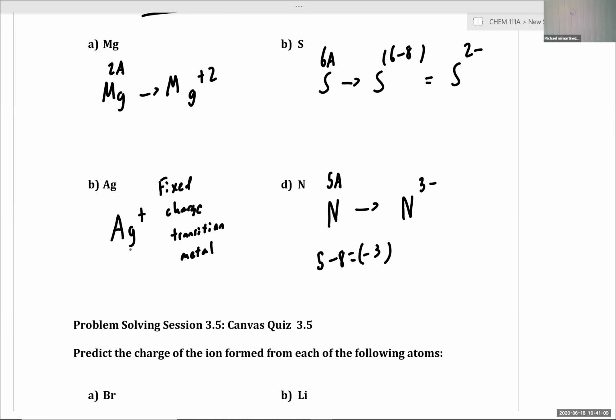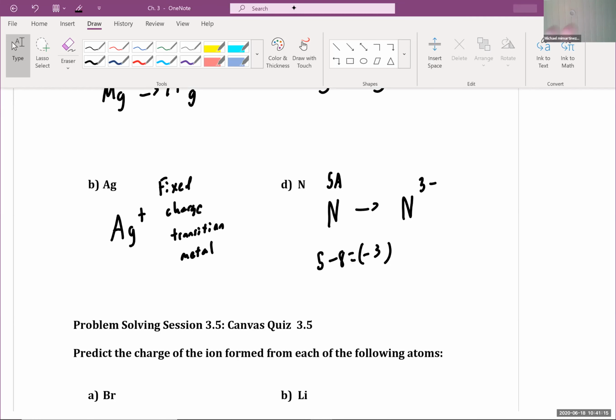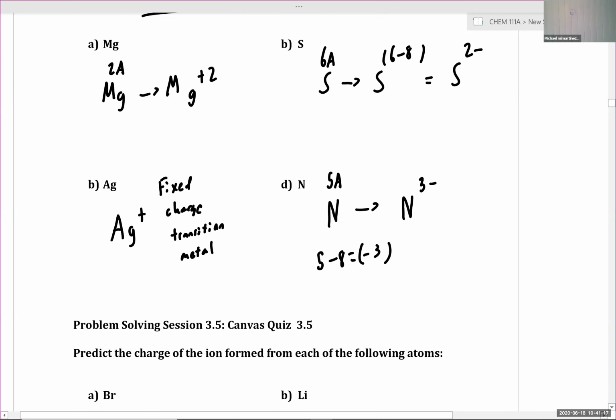If not, let's take a moment and work on the following Canvas example. Let me just quickly reset OneNote, so that there's not as much of a delay.